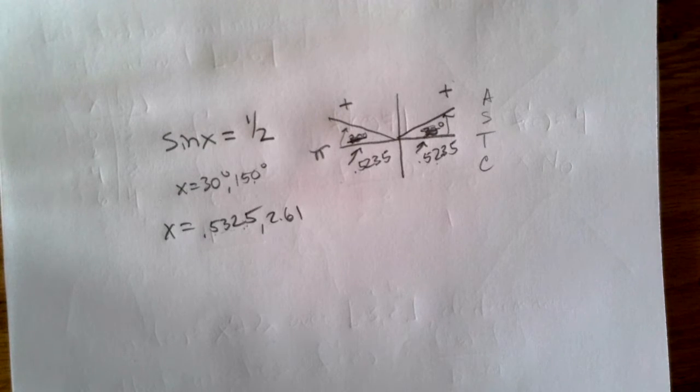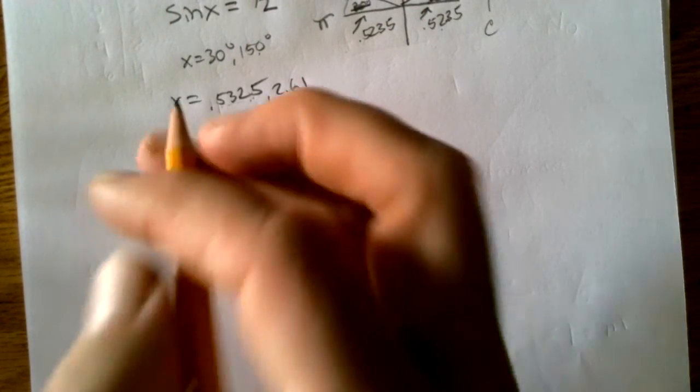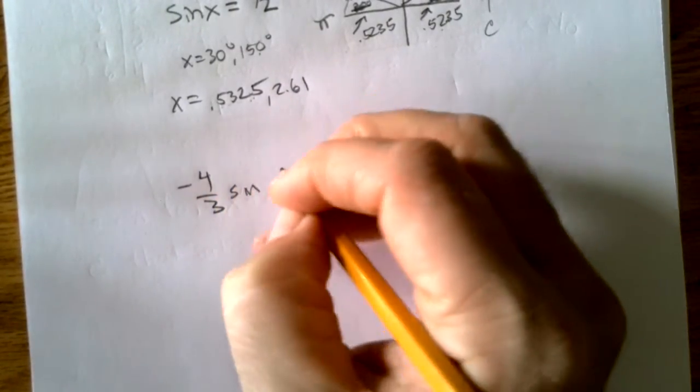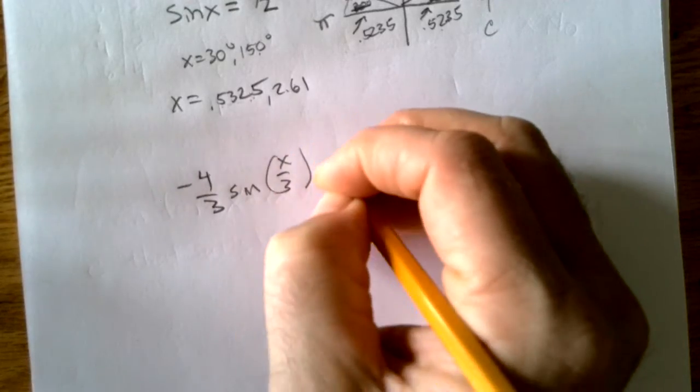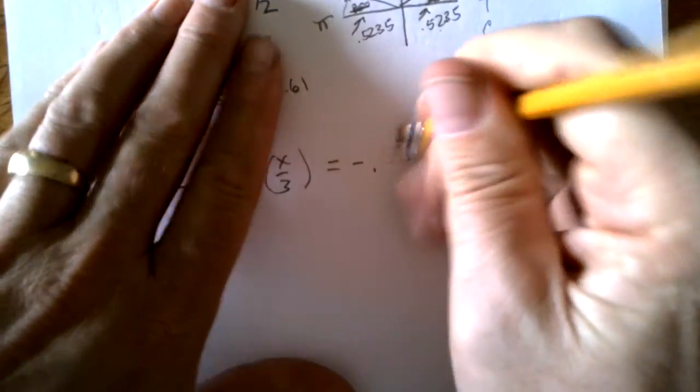But just to be clear, I believe that within one of the problems for you, you probably came up with this equation, which was negative 4 over 3 sine of x over 3 is equal to negative 0.85. Whoops, wrote it backwards.